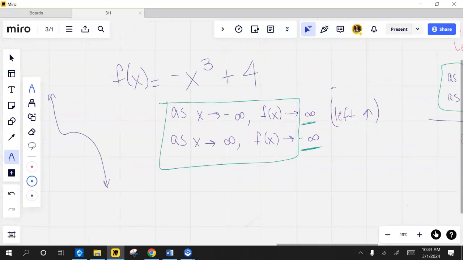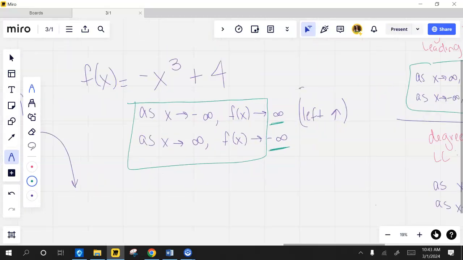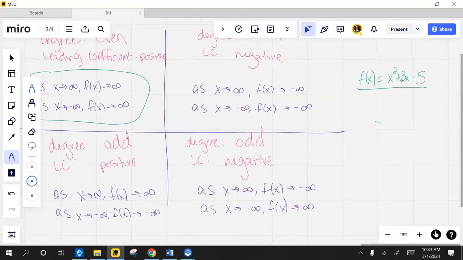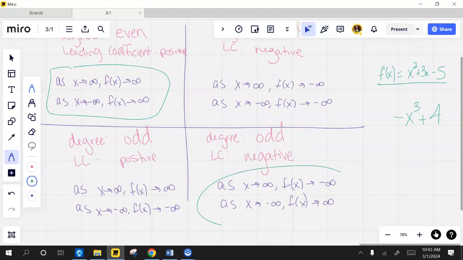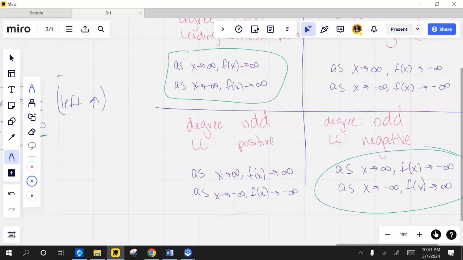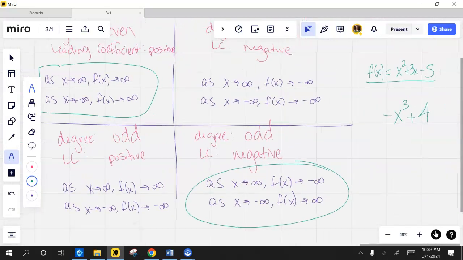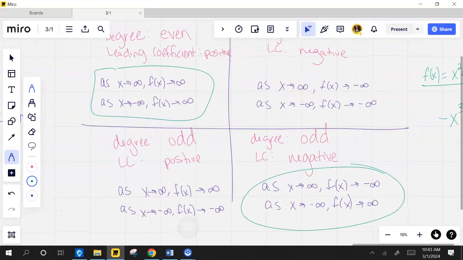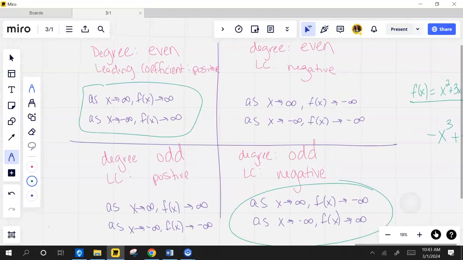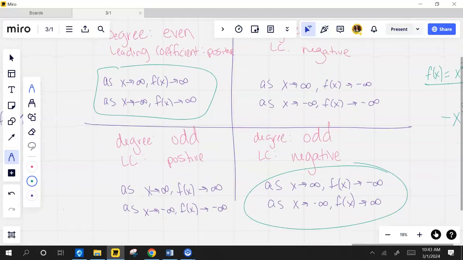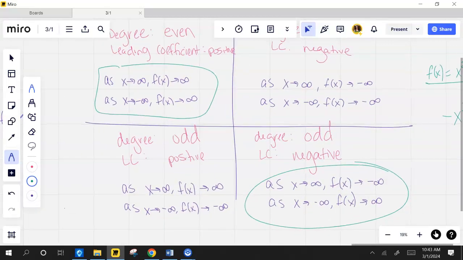Look at this one. Negative x cubed plus 4. Which square would I be in? Negative x cubed plus 4. That's odd negative. Here I am. Is that the end behavior that we got? It holds true for anything. So you can look at this and use this as a guide without even graphing the function to tell what the end behaviors are doing. Does that make sense?